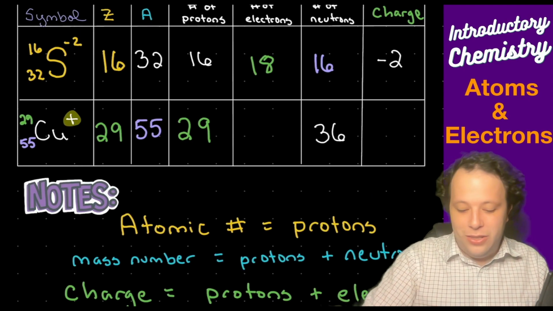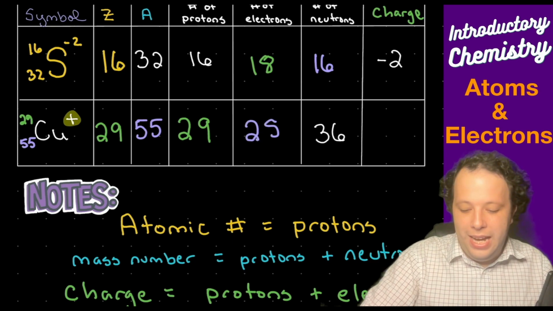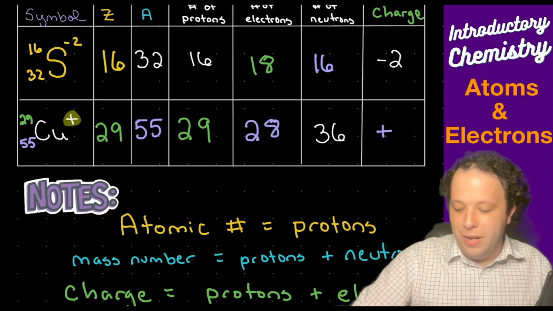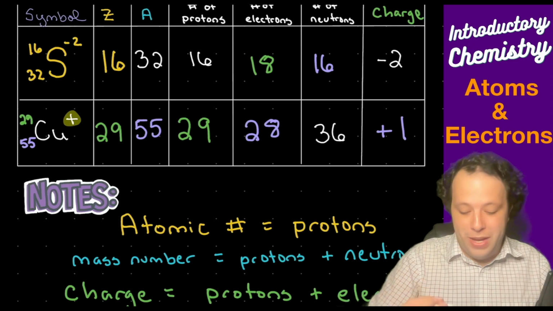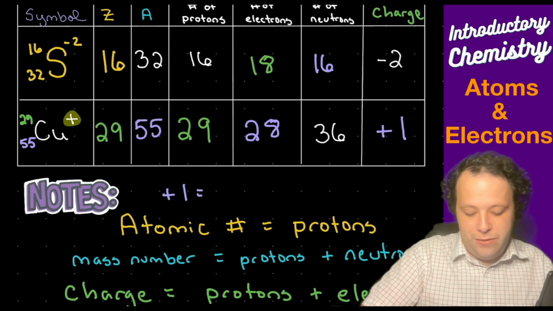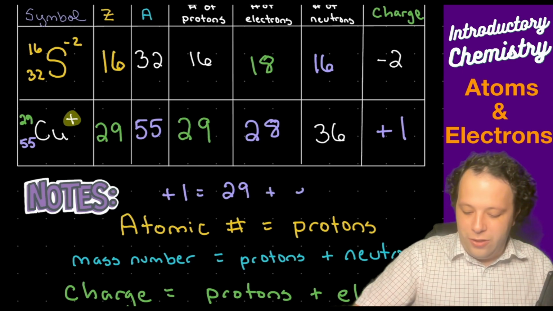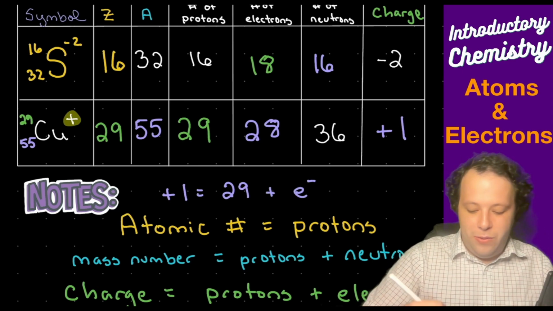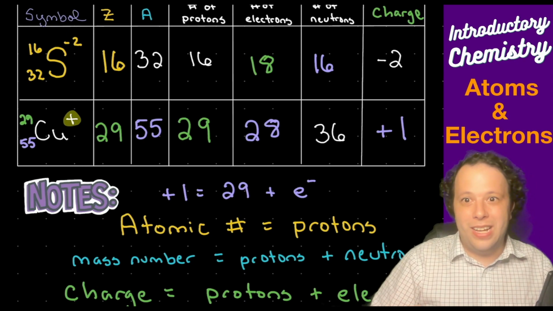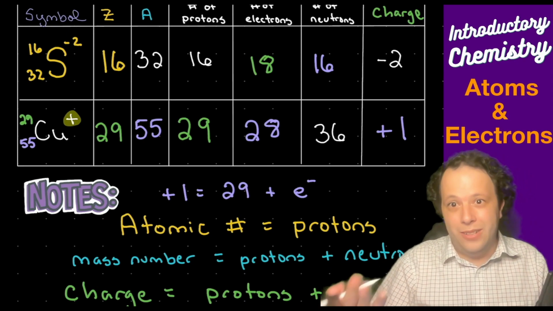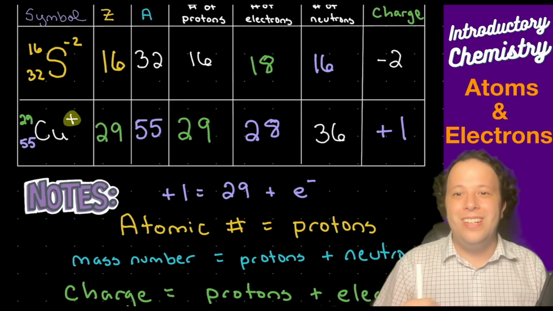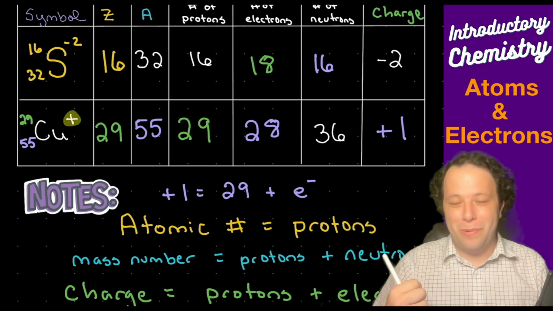So we have a total of 28 electrons and a +1 charge. I can show you the math for that too. If it's +1 and we have 29 plus our electrons, and I subtract those two numbers, we get -28, which is electrons because they're negative, right? And that's how you can solve this type of problem.